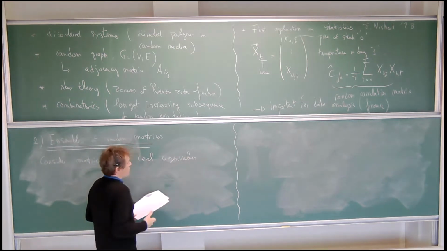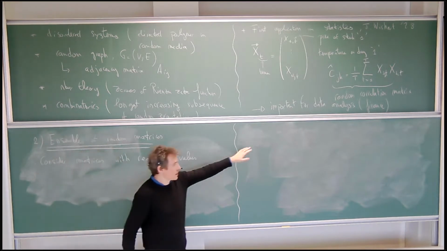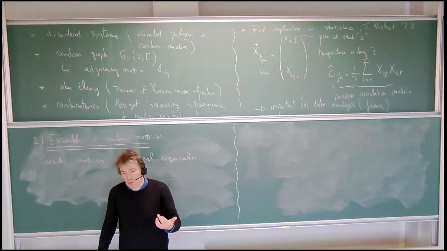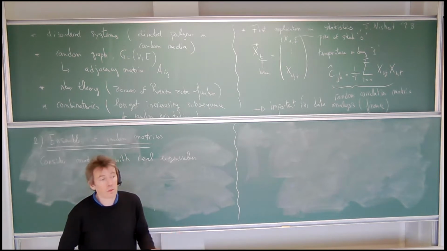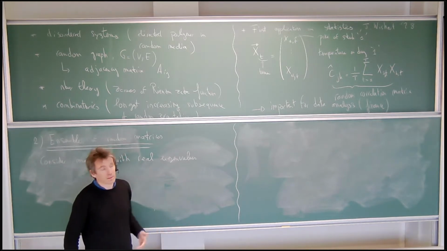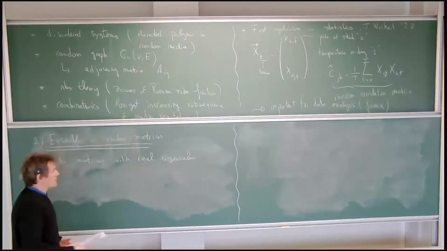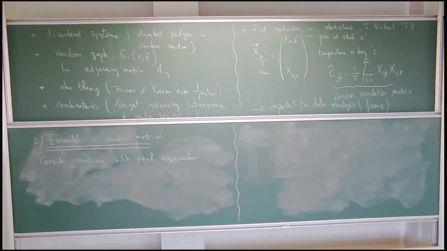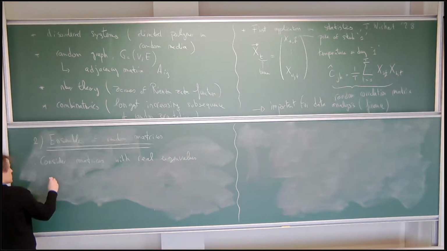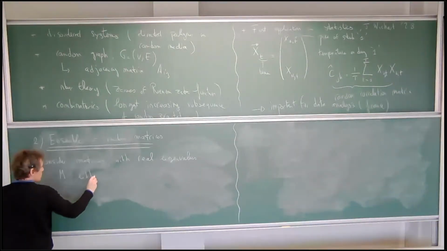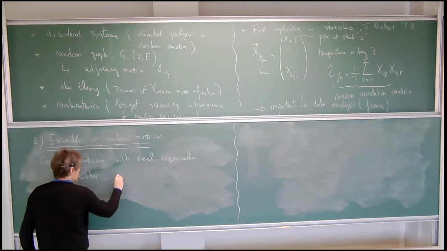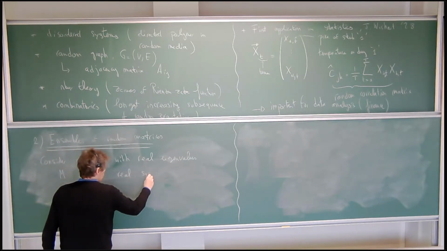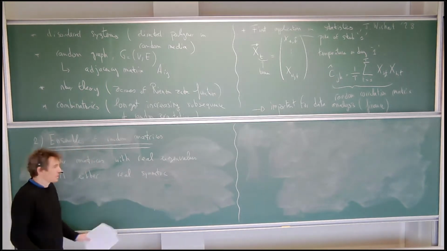Okay, so again, following Wigner, that was kind of natural because he had in mind that these eigenvalues might be the eigenvalues of a Schrödinger operator, which is Hermitian, and therefore the eigenvalues have to be real. So that's why I will stick to this case here, and that means that I will consider the case where the matrix M is either real symmetric, okay, or complex Hermitian.